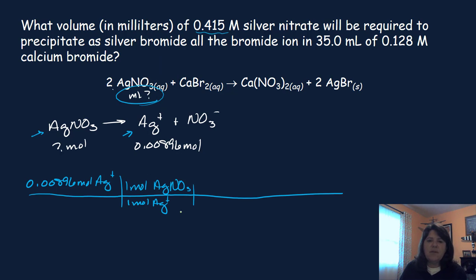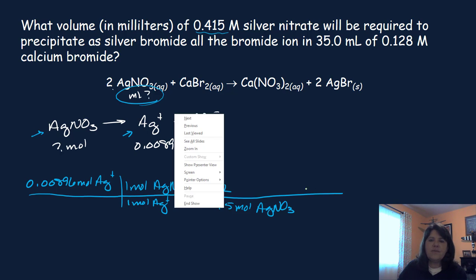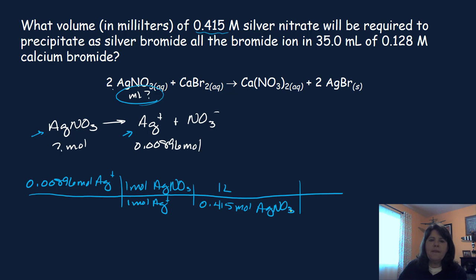I'm going to use this number, 0.415 moles of silver nitrate in 1 liter. I'm after milliliters. 1 liter contains 10 to the third milliliters. Liters drop out, moles of silver nitrate drop out, moles of silver drop out. I'm left with the unit I want, which is milliliters. Using my handy-dandy calculator, I came up with 21.6 milliliters.